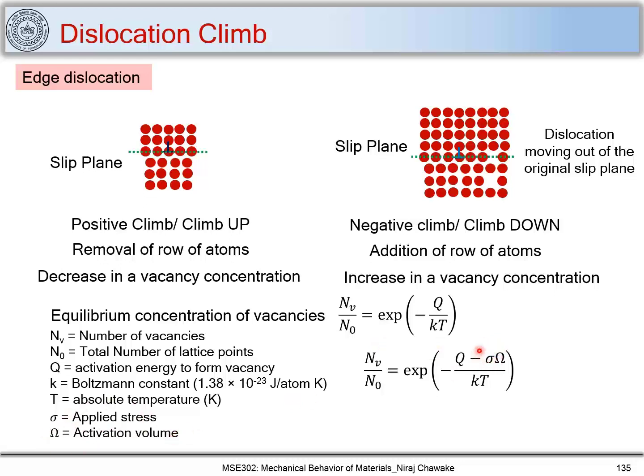When I apply tensile stress, the equilibrium concentration of vacancies increases, and thus by changing the stress state there will be a change in the concentration of vacancies, and this will help an edge dislocation to climb up or climb down.